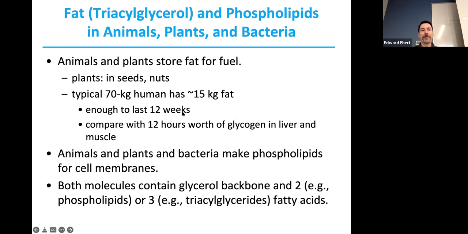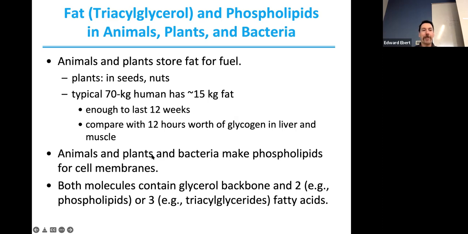So our fat stores, we measure in weeks. Our glycogen, we're looking at hours. All right, so maybe we got half a day as opposed to weeks. And they say in muscle, but our muscle glycogen is kind of weird because it's hard to use up your muscle glycogen, but there's not very much of it.